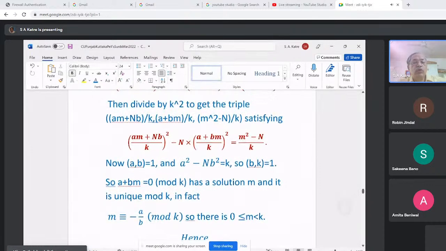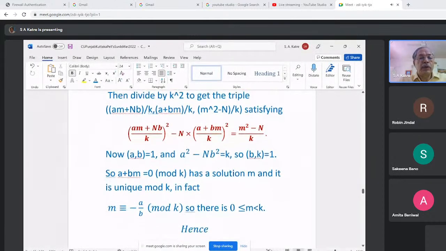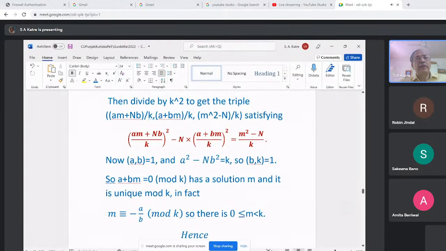Now, how to choose this m? For that, you are using Kuttaka method or linear Diophantine equations solutions. You can do it in modern way or using Kuttaka method.